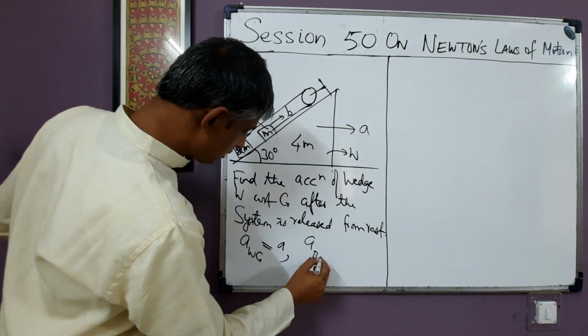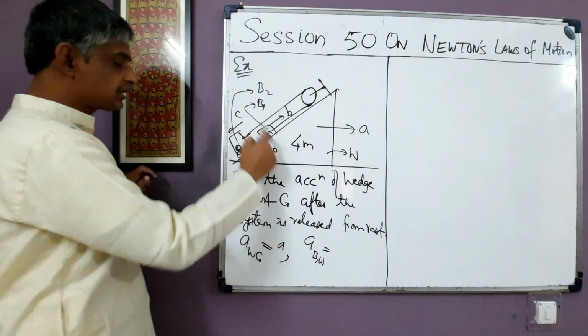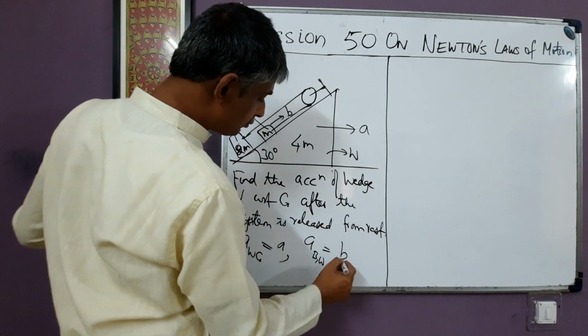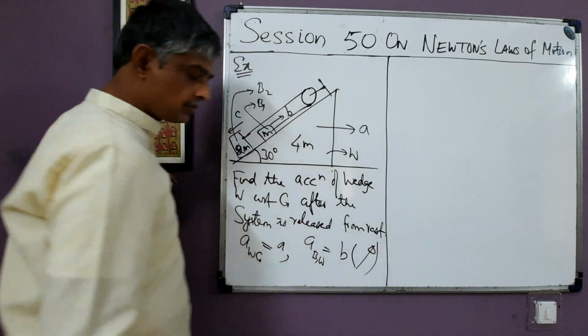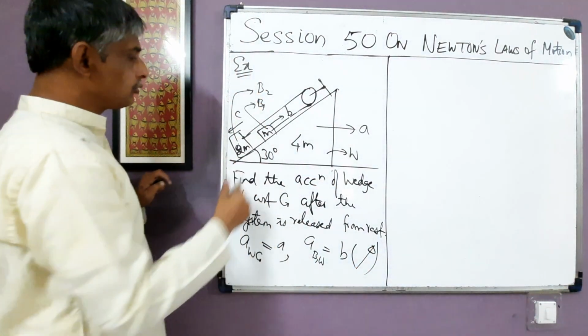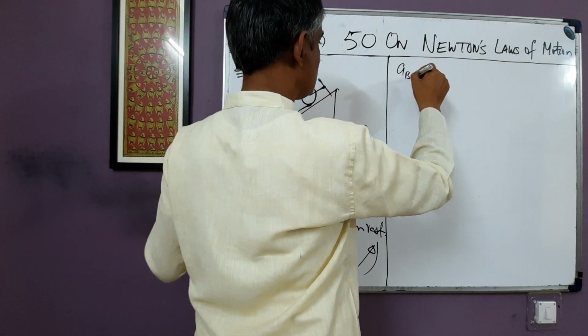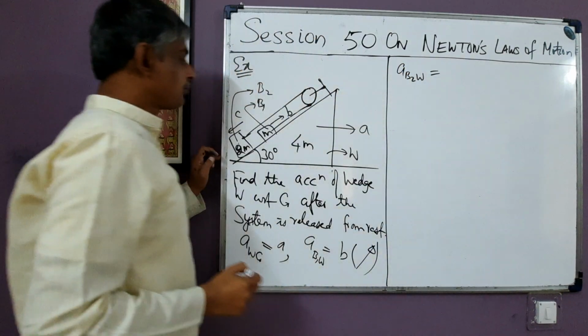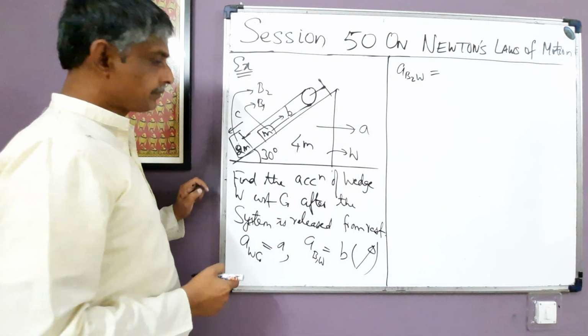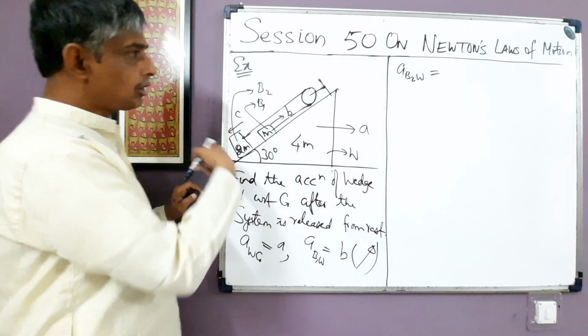So A_WG, meaning acceleration of wedge with respect to ground, that is simply A. A_B1W, acceleration of block B1 with respect to wedge, that has been assumed B up the incline, and A_B2W, meaning acceleration of block B2 with respect to wedge, that is C down the incline.